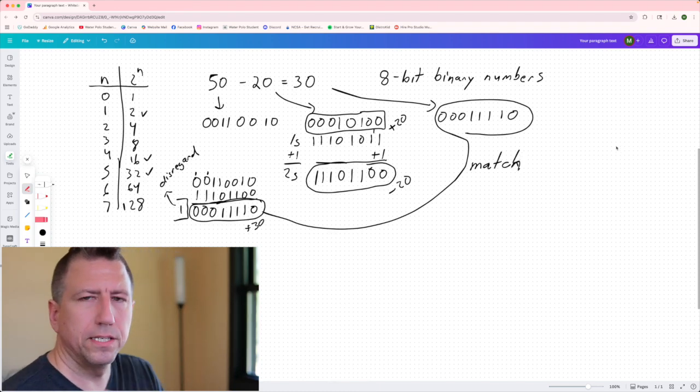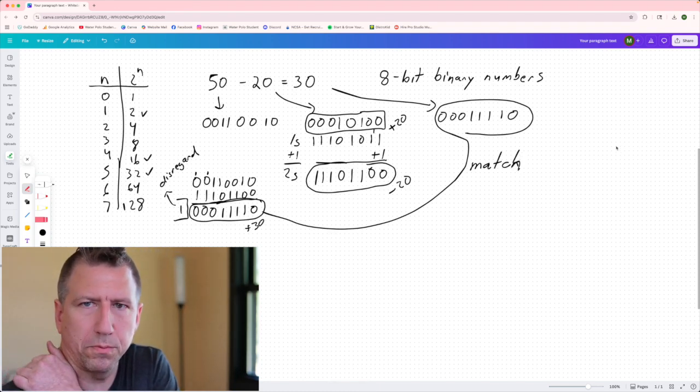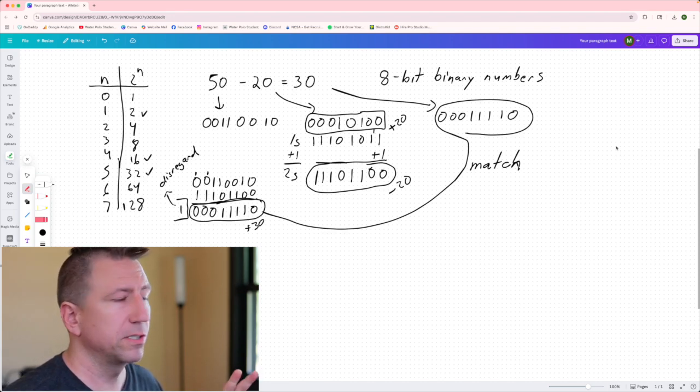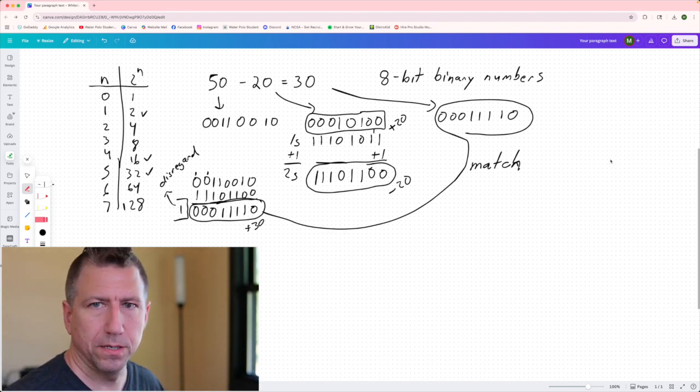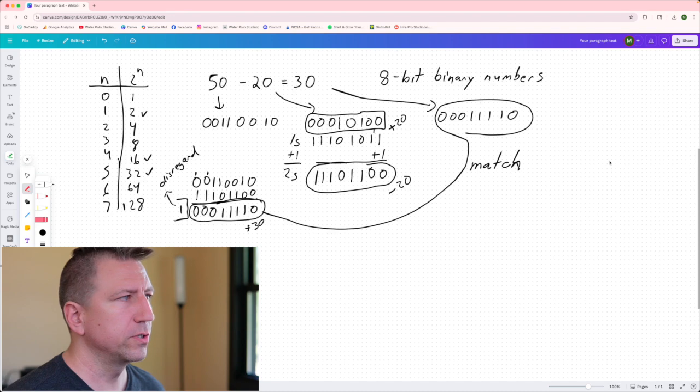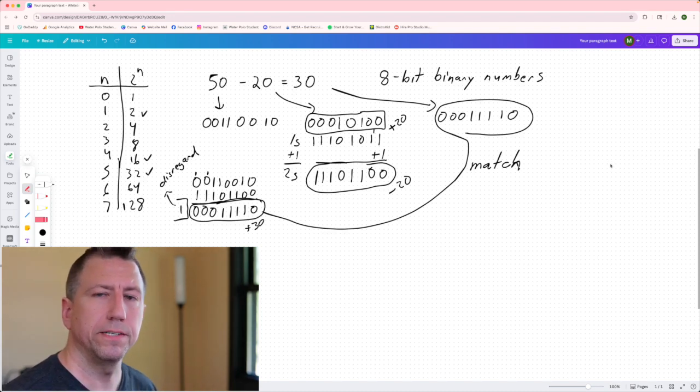There we have it. So there's an example of using 2's complement to change the number 20 into its negative, minus 20. So the 2's complement signed representation of negative 20. Then we added that negative 20 to 50 instead of trying to subtract a positive 20 from 50.